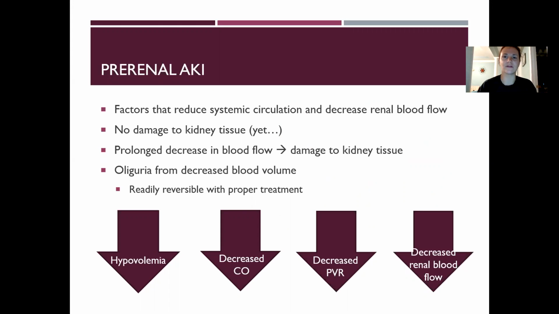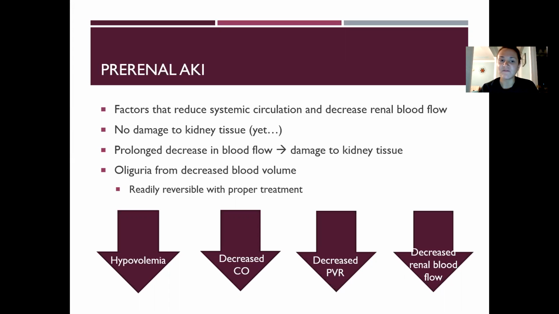However, as we've learned with stroke and heart attack conditions, prolonged altered blood flow or prolonged low perfusion will lead to ischemia. And that's what can happen here. Pre-renal in and of itself doesn't directly damage the kidney, but prolonged decrease in blood flow will lead to damage to the kidney tissues in time.